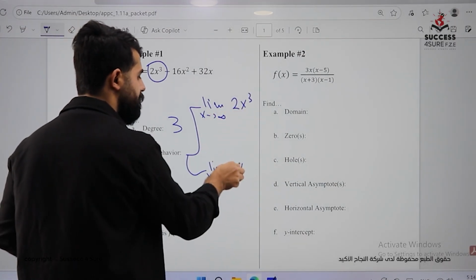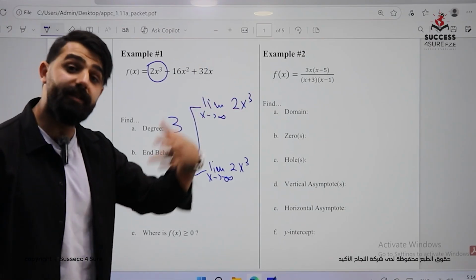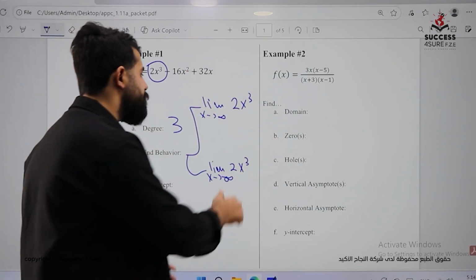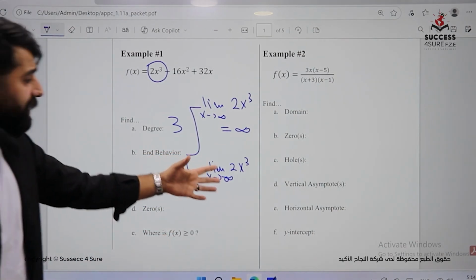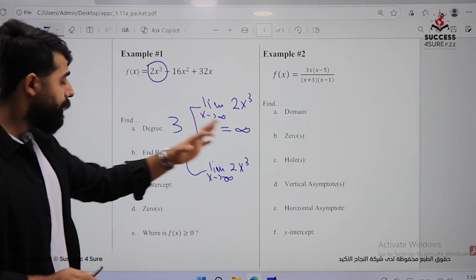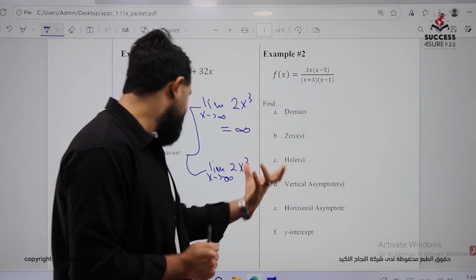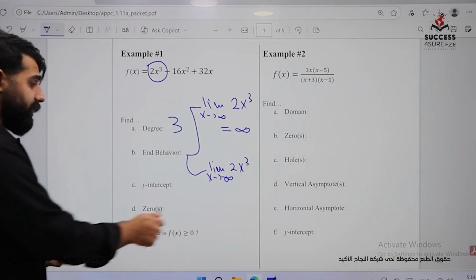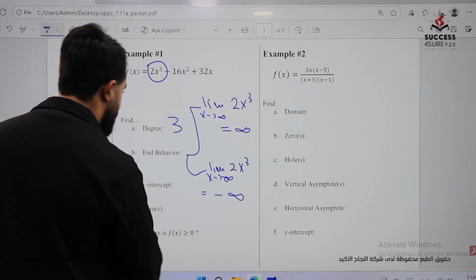As we learned together before, infinity cubed is infinity, multiplied by 2 gives you infinity. While negative infinity cubed is negative infinity. Why? Because we have an odd power, and an odd power keeps the negative. So it is negative infinity here, the answer of the end behavior.